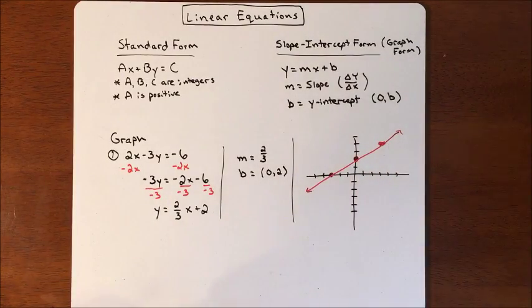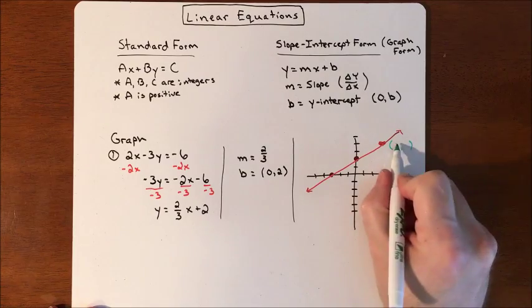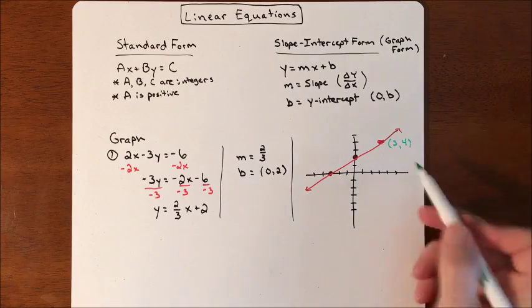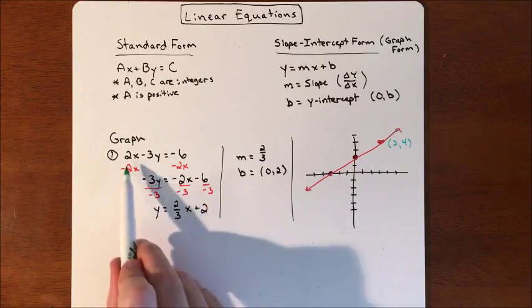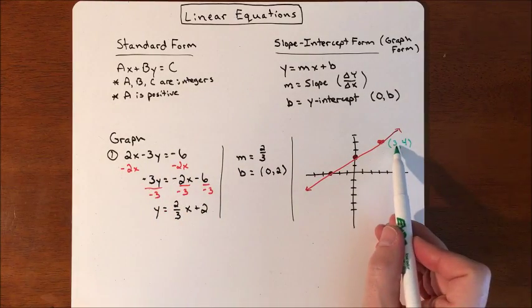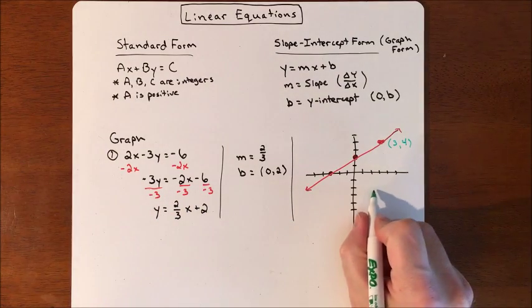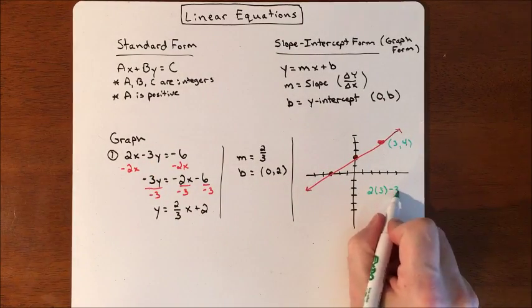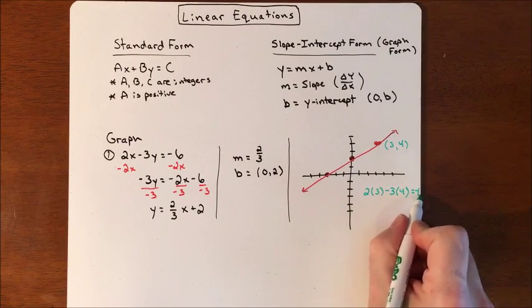Now just so you're aware, if you were to take this coordinate, that coordinate is (3, 4), and the whole idea of this line is that all the coordinates on this line satisfy the original equation. Which basically means if I take that 3 and that 4 and plug them in, I'd have 2 times 3 and then minus 3 times 4, and that's supposed to equal negative 6.